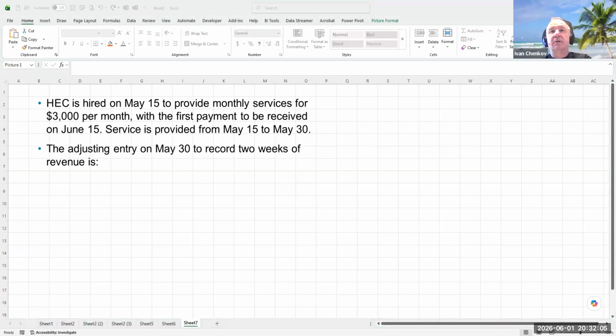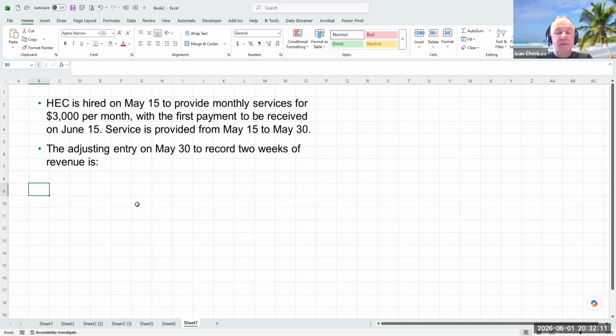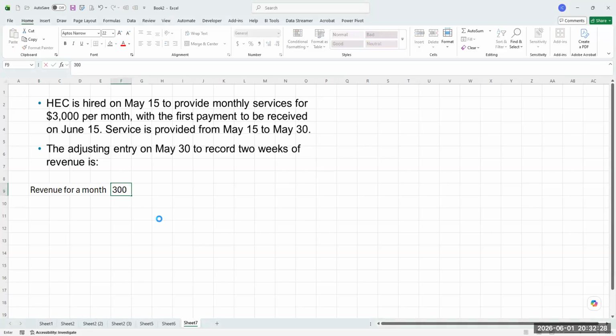We have to show the revenue for the period. For the month, how much is the revenue for a month? For 1 month, $3,000.